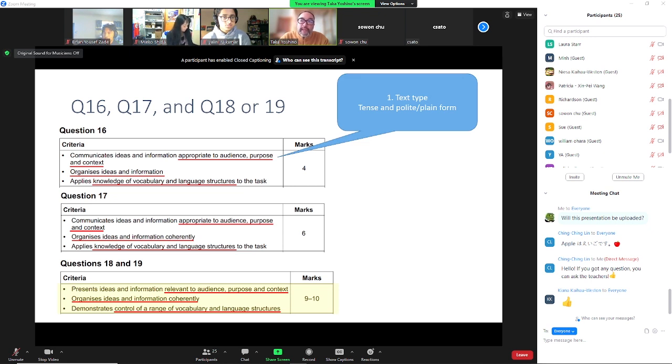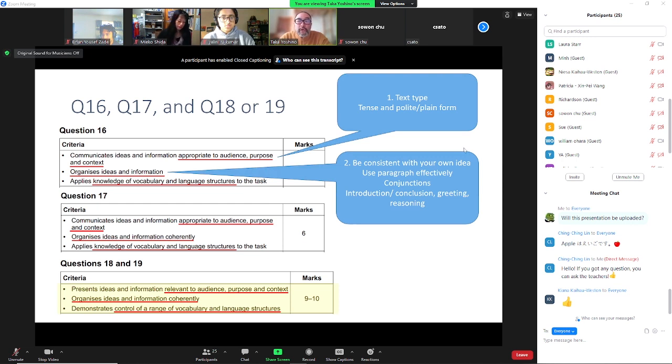So the first point is text type. What kind of text type you're using, whether it's an email, a newspaper article, a message, or a diary entry. So be careful with the text type. And when we talk about text type, it's also about the tense and whether it's polite form or plain form.